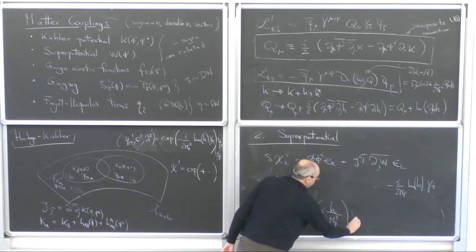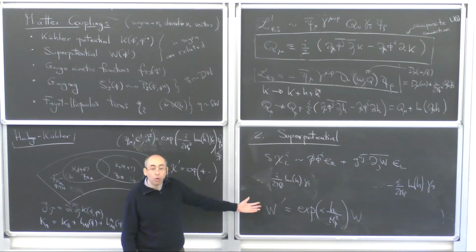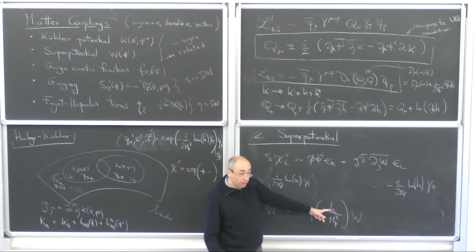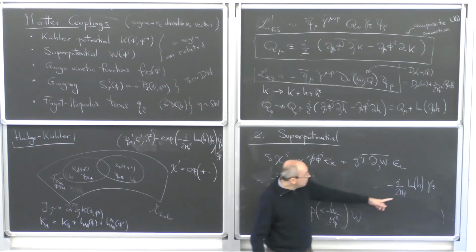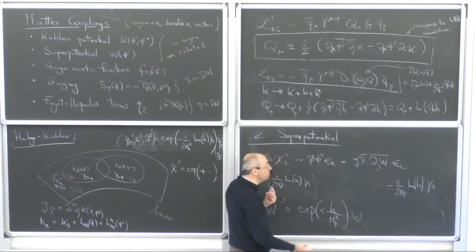Okay, this I can do. W is a holomorphic function, so I can assume that it transforms with the holomorphic function h. But this doesn't give me the imaginary part of h, which I have here, and which gives me the mismatch.